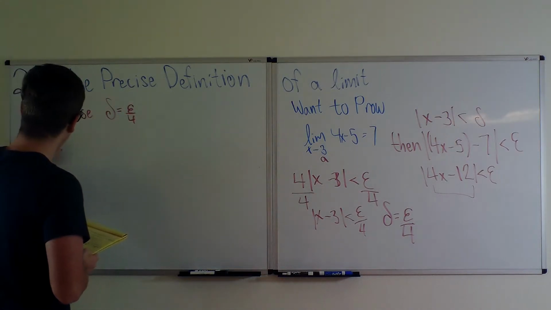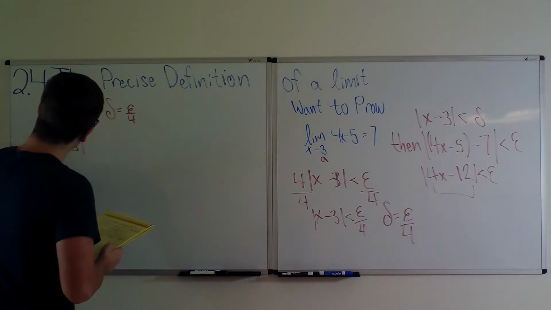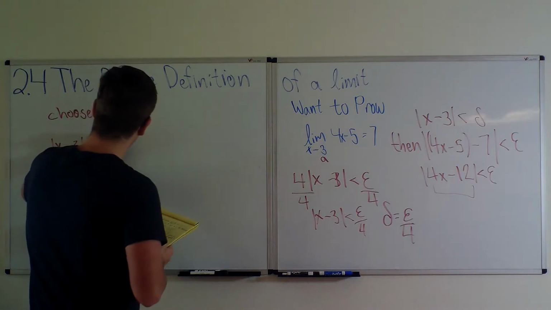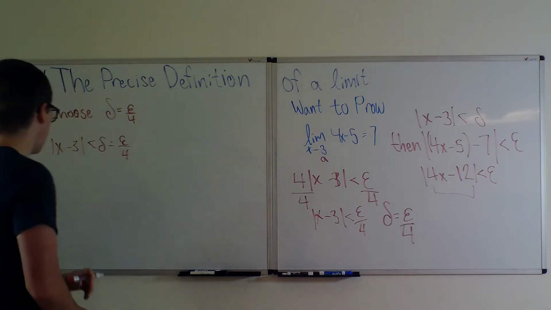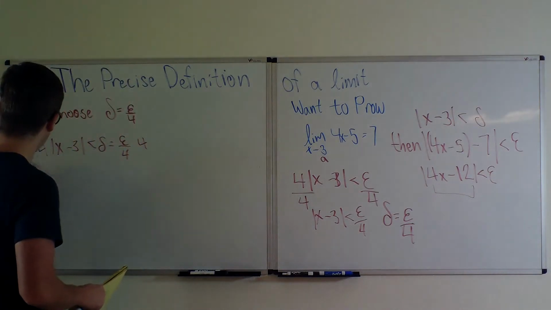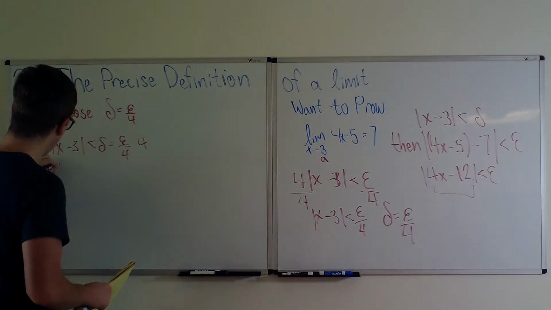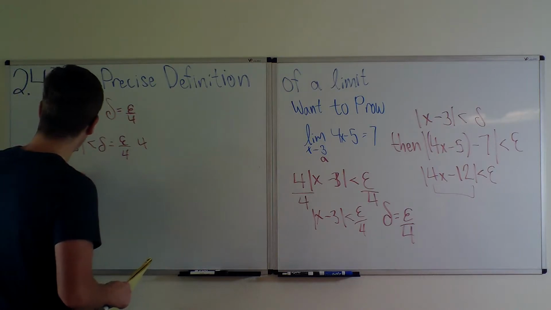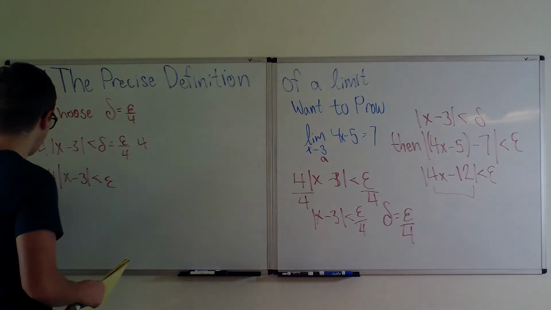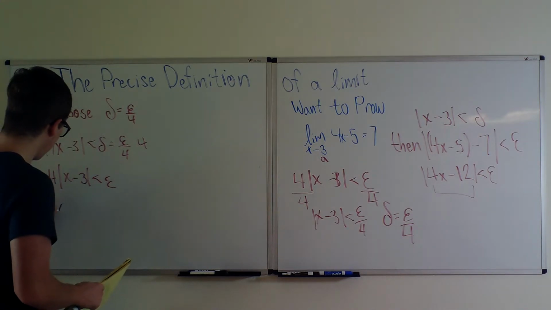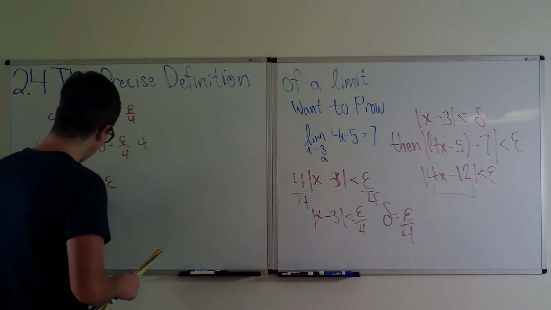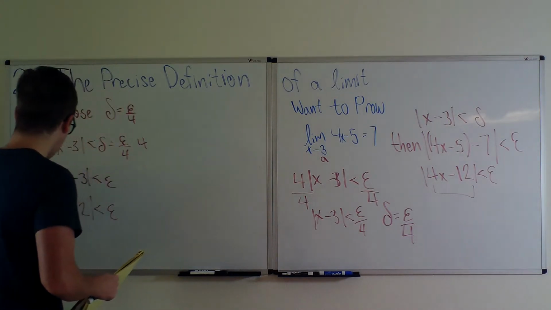So you have |x minus 3| is less than delta, which is equal to epsilon over 4, right? So then you multiply by 4, and you have 4|x minus 3| is less than epsilon, and then you distribute the 4 in, and you get |4x minus 12| less than epsilon, right?